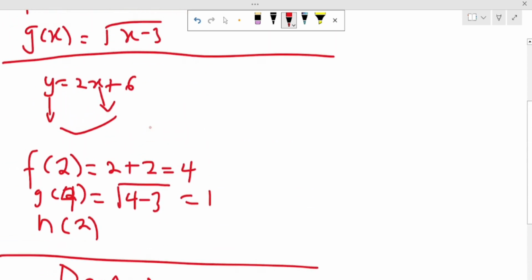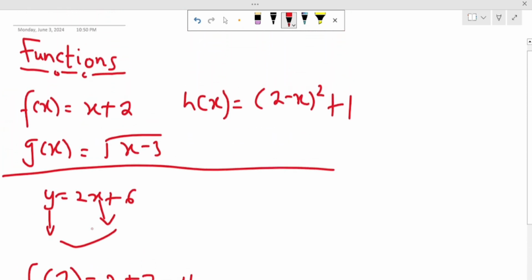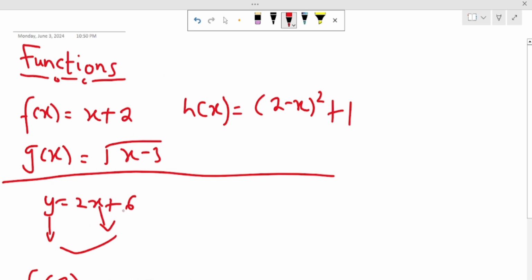Now you see, initially I asked you to find g of 2 and I said I don't want to complicate things, right? Okay, now these are the functions. When I say something that makes the function defined, it means that, for example, when I put 2 at this point where x is, I'm going to get root of -1.